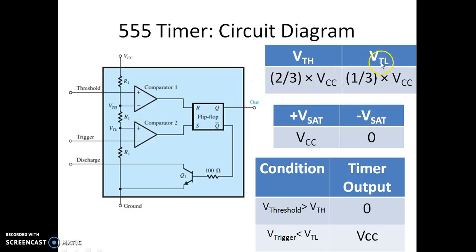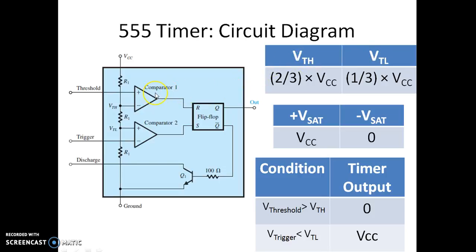There is one more voltage, that is VTL, which is the voltage at this point. It's always 1/3 of VCC if you are not forcing any voltage at VTH. The relationship between VTH and VTL is always that VTL is half of VTH.